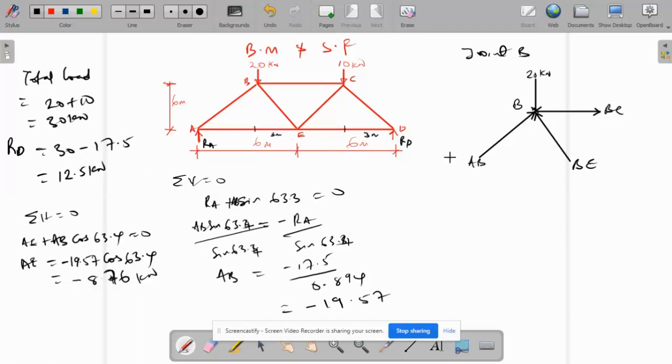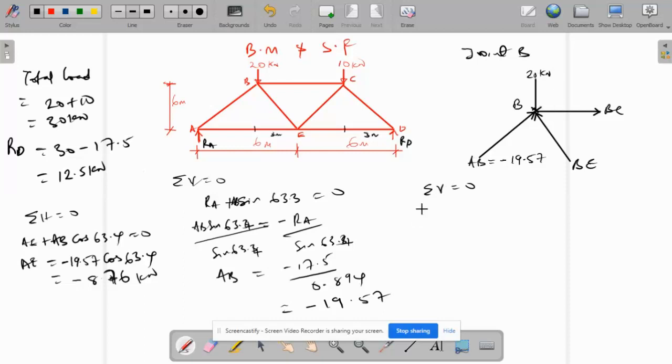So at this point, we already know what AB is. AB is equal to minus 19.57. So what we need to do here at joint B, we consider summation of vertical forces equal to 0.